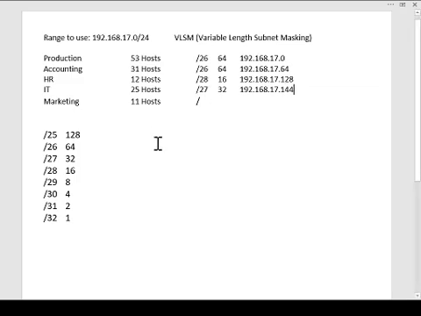And our last one happens to be marketing. Let's see, they require 11 hosts. So the only one that's going to work here is going to be a /28. So we're going to put a /28 here. And we're going to go up by 16.